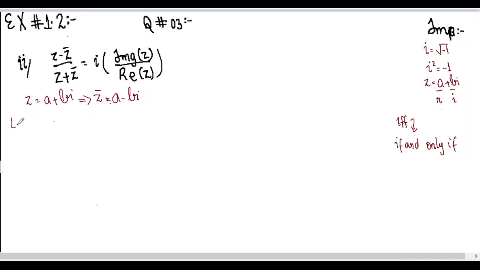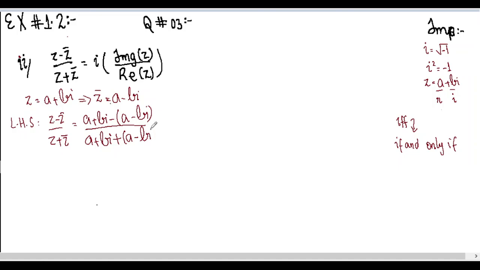Now we are going to solve the left hand side: z minus z bar divided by z plus z bar. We are going to use the values of z and z bar from these two equations, and putting them here, we get (a plus b iota minus a minus b iota) whole divided by (a plus b iota plus a minus b iota).